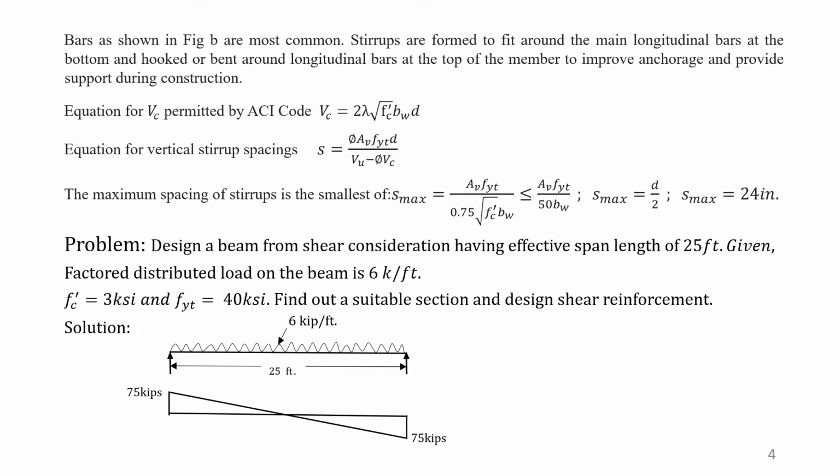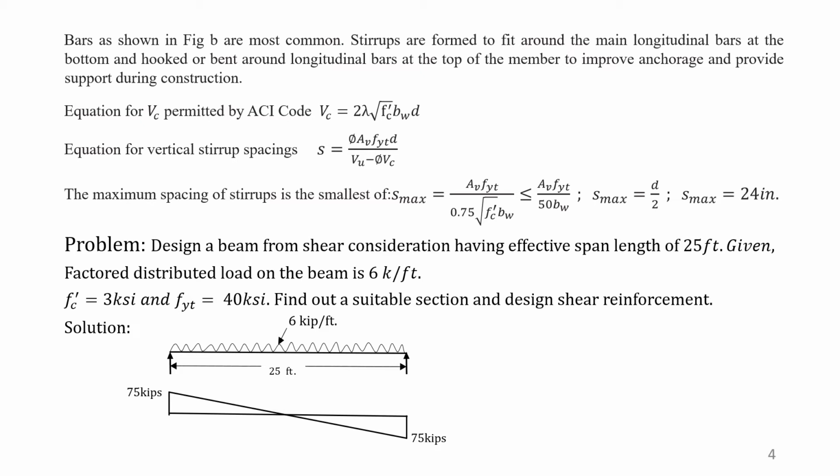VU is the calculated shear force for the section for which we will be trying to find out the spacing of the stirrup. Accordingly, we have to put this value.